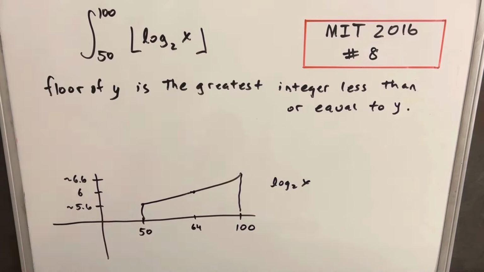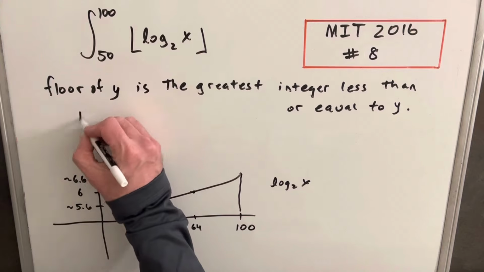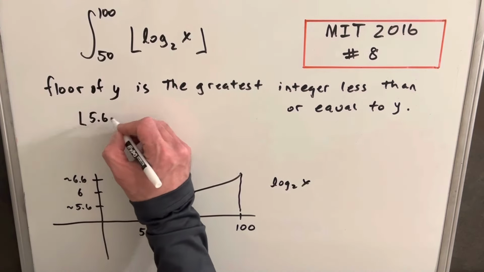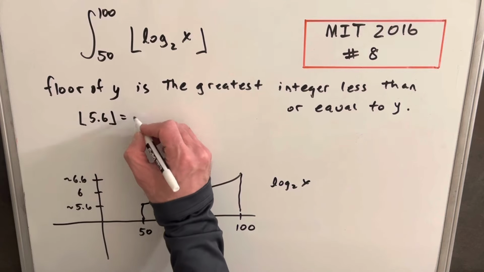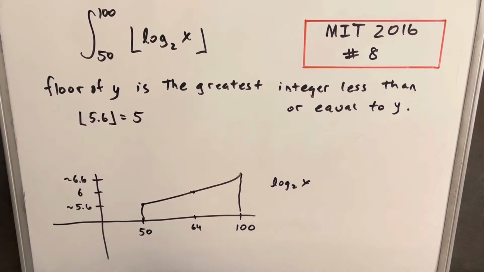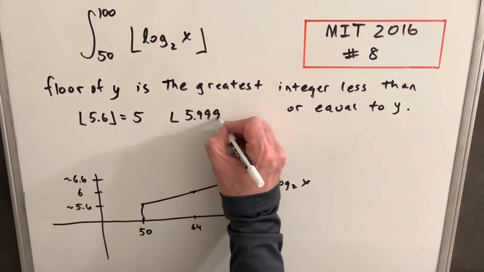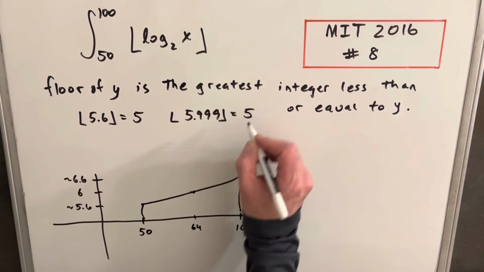The floor of y is the greatest integer less than or equal to y. Let's look at a couple examples if you're not familiar. The floor of 5.6 is going to be 5. If we had 5.999, the floor of that is going to be 5.